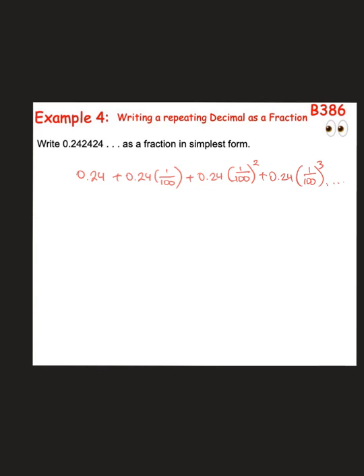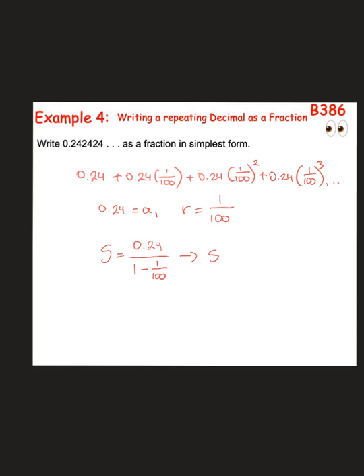So we can clearly see that our first term is going to be 0.24, and our common ratio is going to be 1/100. So if I look at this now, I'm going to have the sum, which is 0.24 divided by 1 take away 1/100.